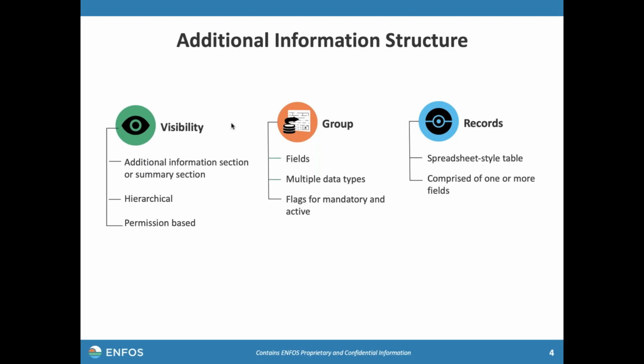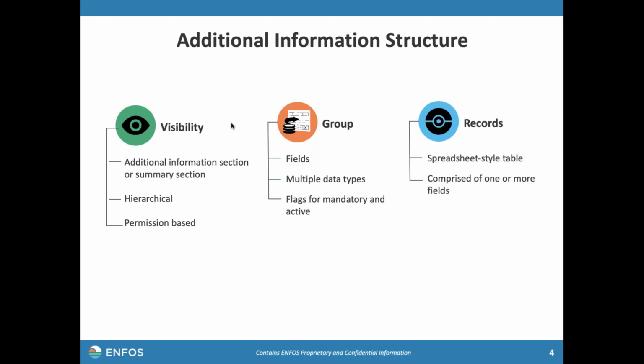And the advantage of using additional information, especially as we sit here potentially working from home, right, is that you have all of your data in one place on the web, accessible through ENFOS. Your financial data is already in ENFOS. Maybe your site master data, maybe your compliance or activity data.